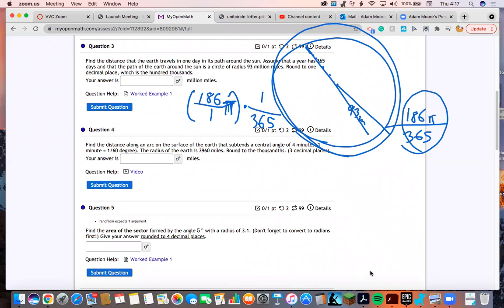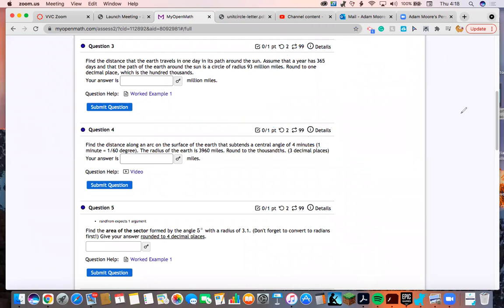Okay, let's see here. Next one is a little bit weirder. Okay. So next one, we have to find a distance along an arc along the surface of the Earth. And so here's the Earth this time. This is not the orbit of the Earth. This is the blue planet itself.